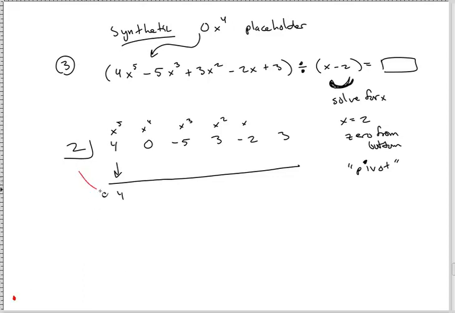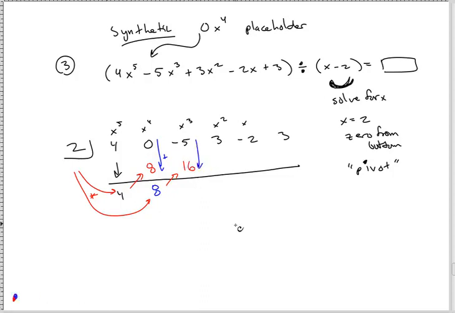First off, 2 times the 4 is 8. That's multiplied. 2 times 4 is 8. And then you're going to say 0 plus 8 is 8. And that's all. Multiply, add, multiply, add, multiply, add, all the way down. 2 times 8 is 16.